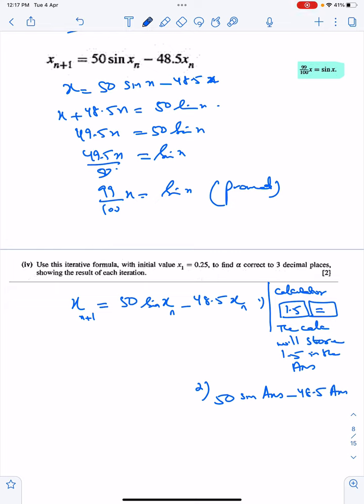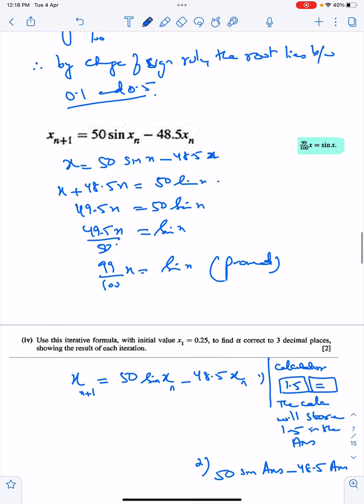Okay, once I press the equals sign, let me just quickly write it down again. Just hold on. Okay, they had given us the initial value to be 0.25, so you have to write 0.25, not 1.5.